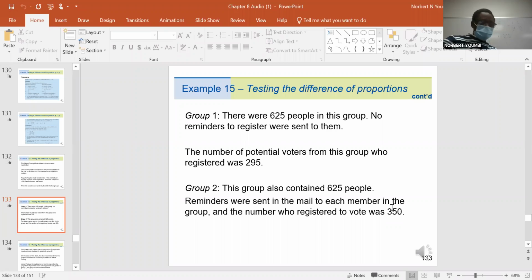In the second group, the information we are getting from here is that N1 equals 625 and X1 is equal to 295. And the second group, again, 625 and X2 equals 350.